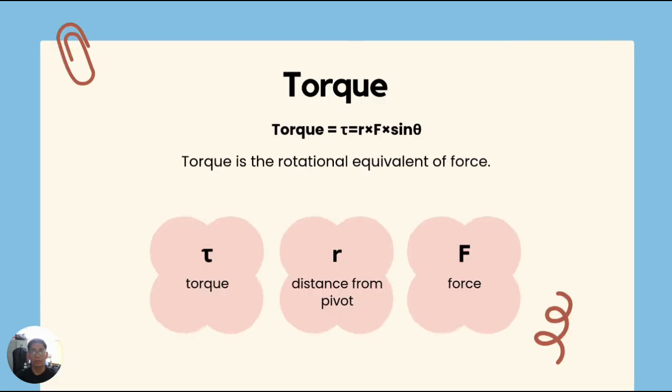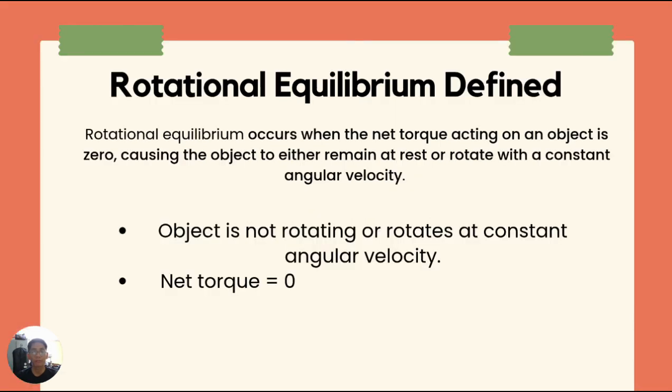Next is the torque equation. Torque equals r, the radius or distance from the pivot, times F, the force, times sin theta. Torque is the rotational equivalent of force.